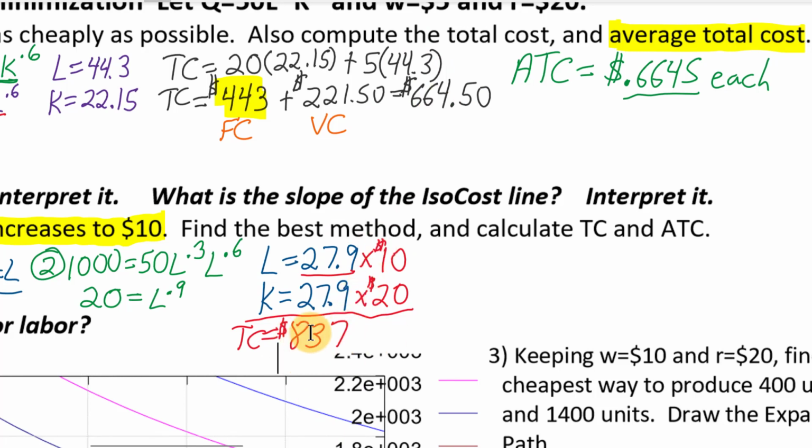So 837 now compared to about 664, 665 before. How about our average total cost now? Our cost per unit, of course, has to go up as well. Total cost divided by 1,000, our quantity, and now each unit is going to cost about 84 cents each, right? Not quite, but almost 84 cents each.